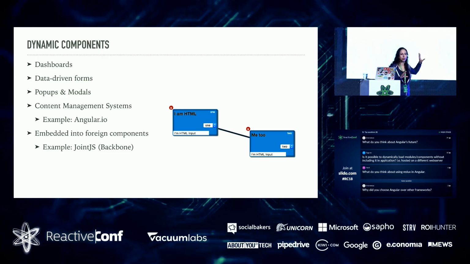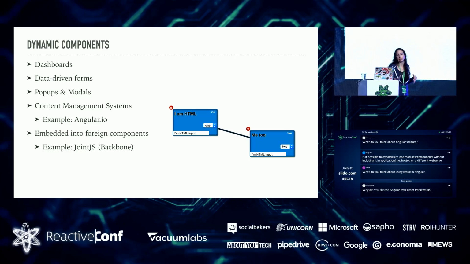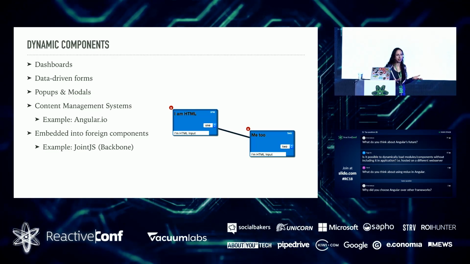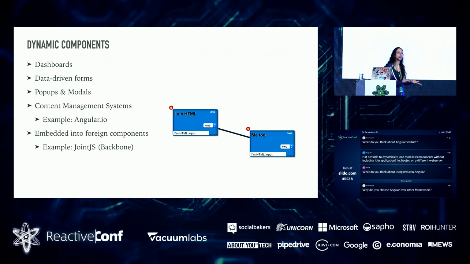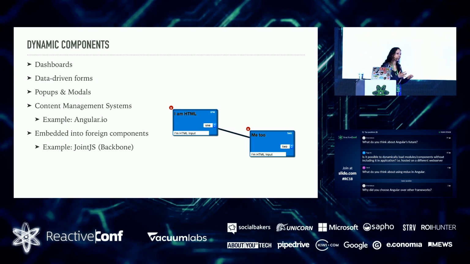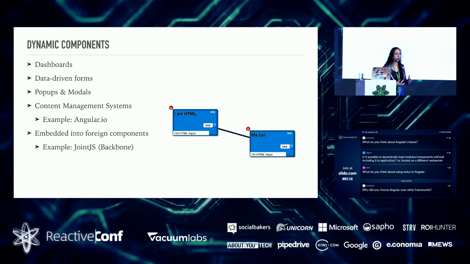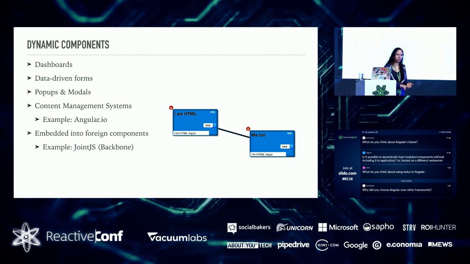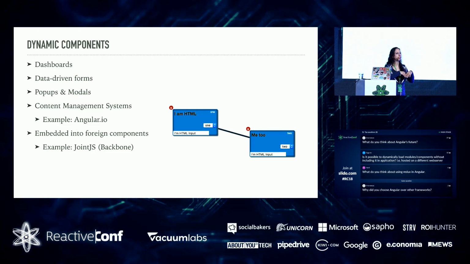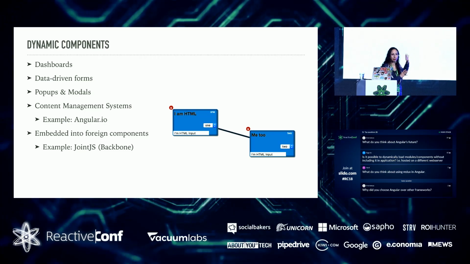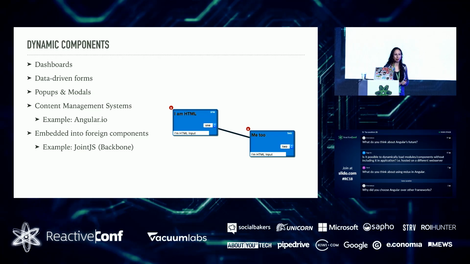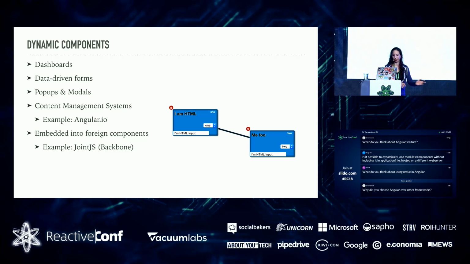If you want to embed a regular HTML component, that's really easy. But we want to create an Angular component and have it working with dependency injection and change detection and all the things that I mentioned, from within this Backbone framework.